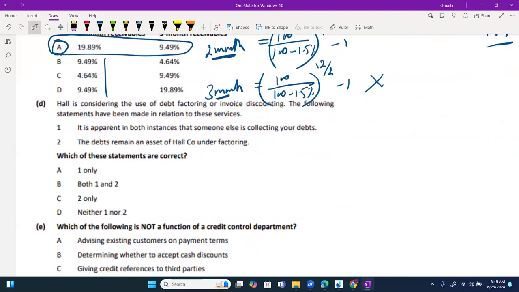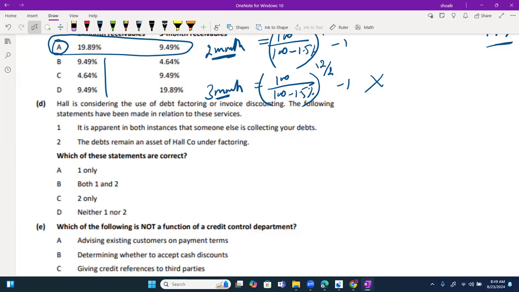A company is considering the use of debt factoring or invoice discounting, and the following statements have been made in relation to these services. It is apparent in both instances that someone else is collecting your debt. No, in invoice discounting, you are collecting your debt. So the first statement is wrong.